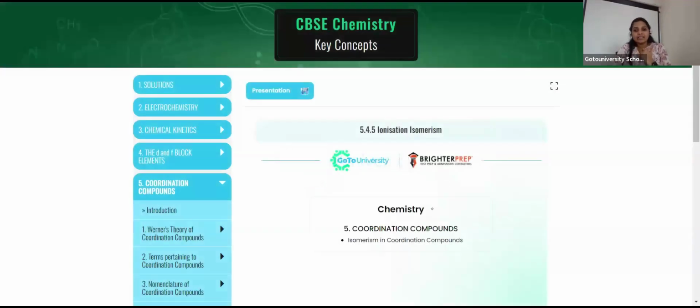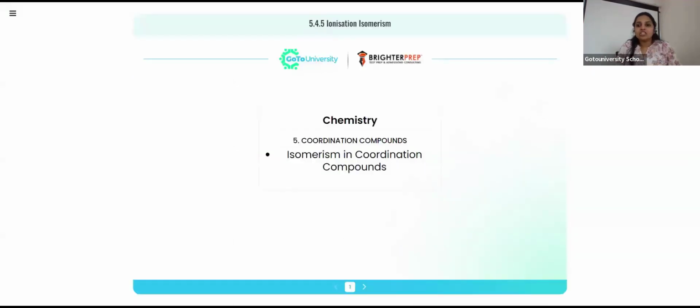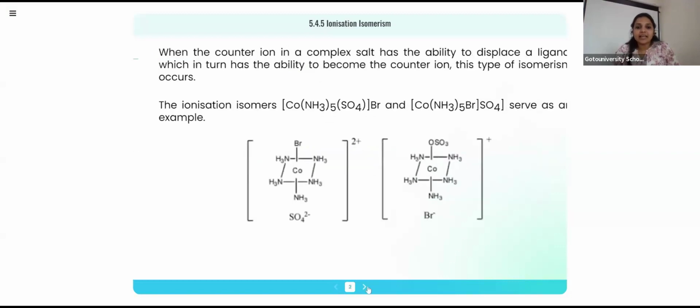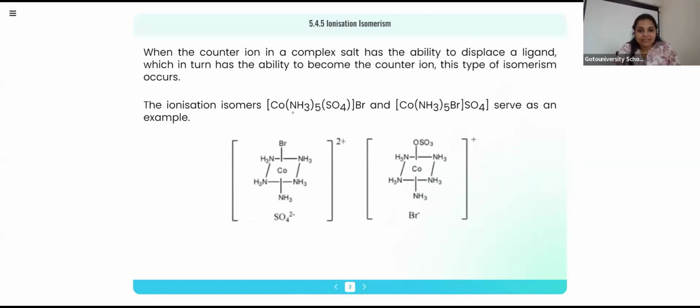Next one is ionization isomerism. Ionization isomerism means, if you take this complex Co(NH3)5SO4Br, the things outside the bracket are called the ionization sphere, right? In this complex I am changing the sulfate to the outside and keeping the bromine inside, which means I am changing the ionization sphere into the coordination sphere.